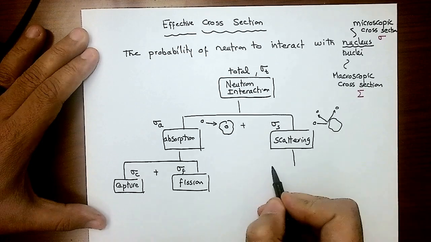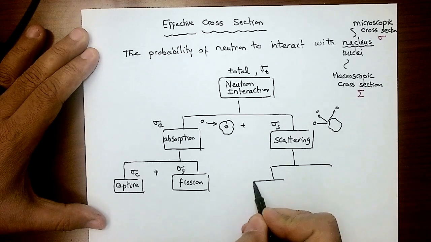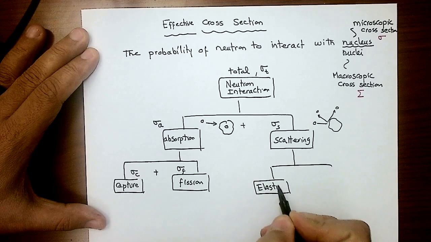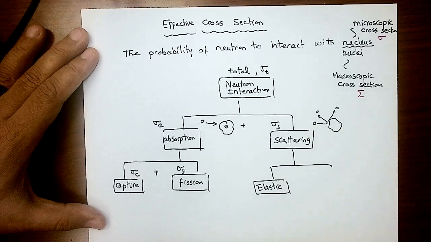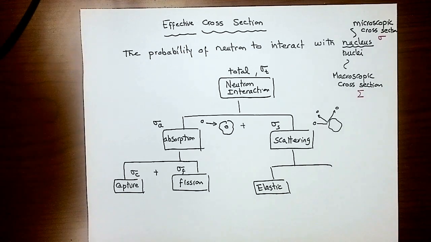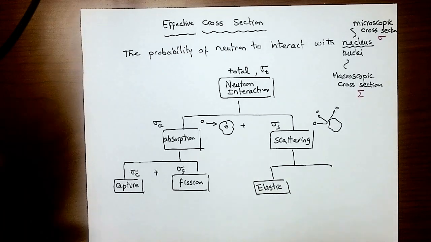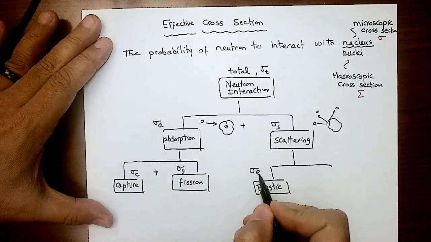The first one is to cause elastic scattering, which means the collision doesn't change the level of energy of either the neutron or the nucleus. So the nucleus is not going to be changed, and the level of energy is not going to change. That's why we call that elastic collision, or elastic scattering, and this will have sigma elastic.